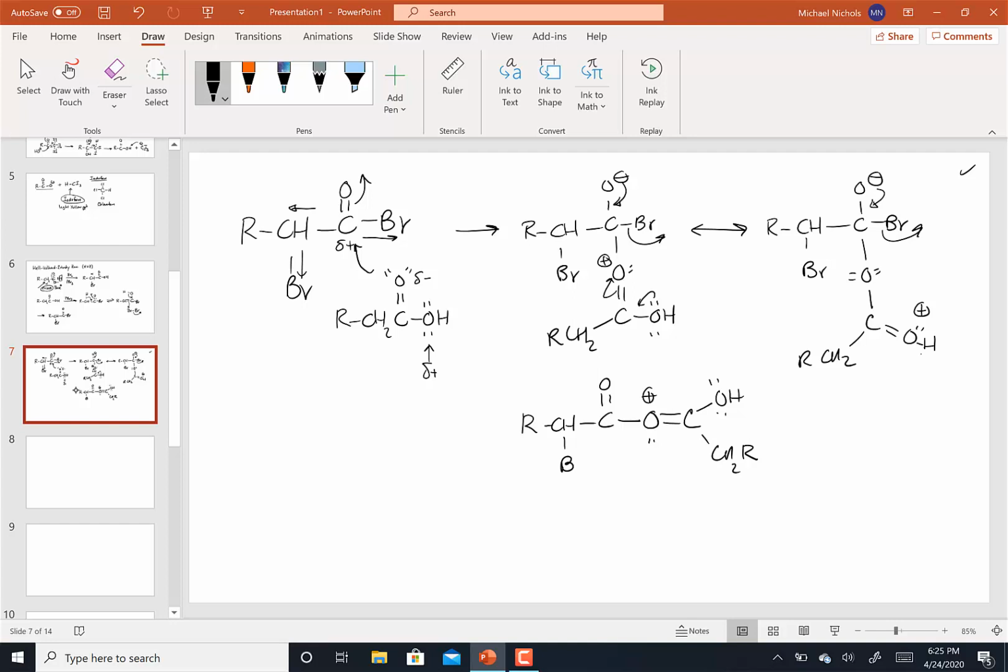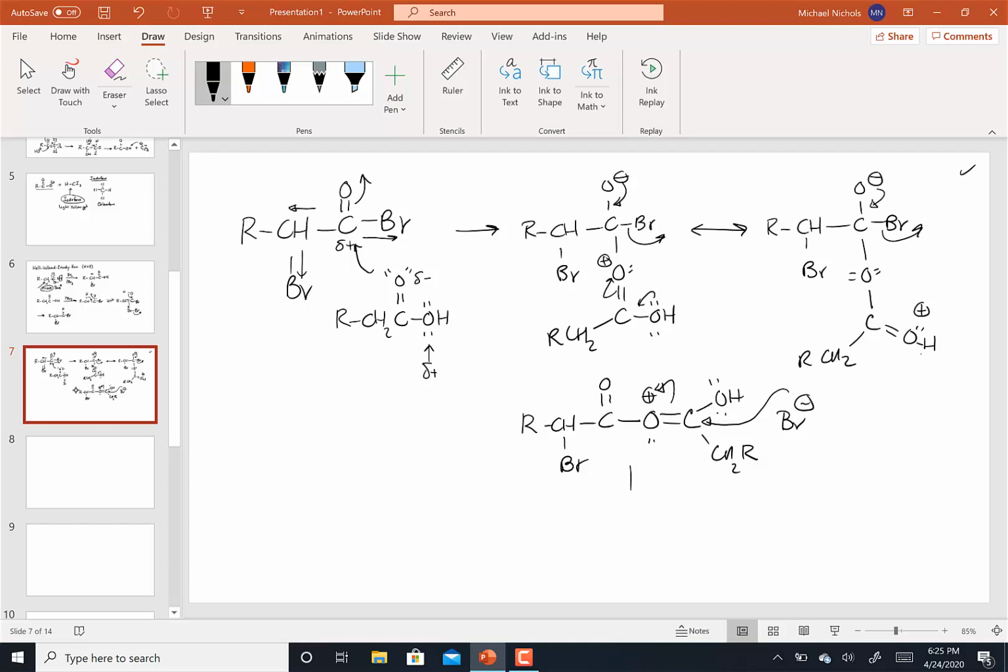So now what's going to happen is that the bromine that I just lost is going to come in. It's going to attack this carbon, and then this pair of electrons will go to the oxygen to basically give it a neutral charge.